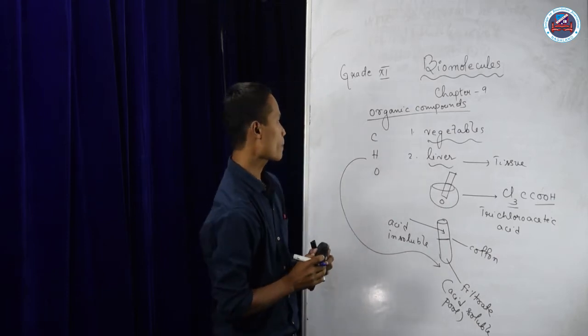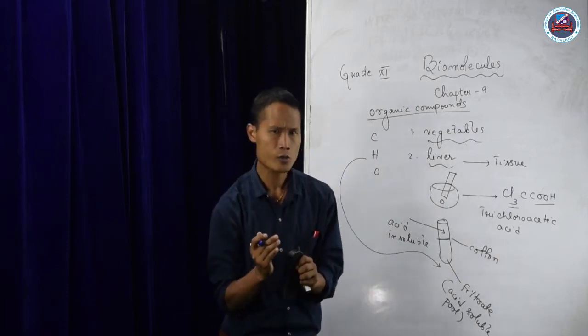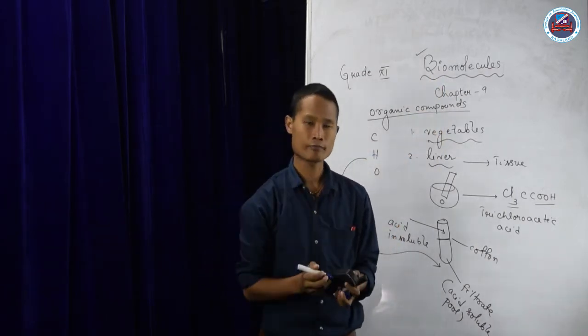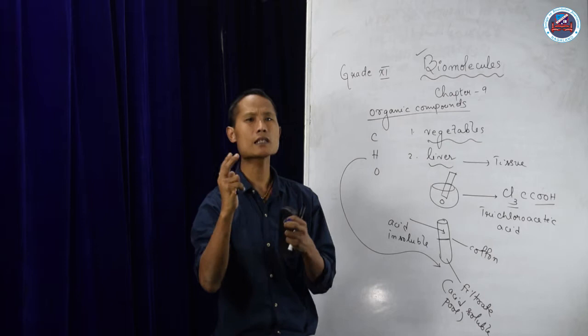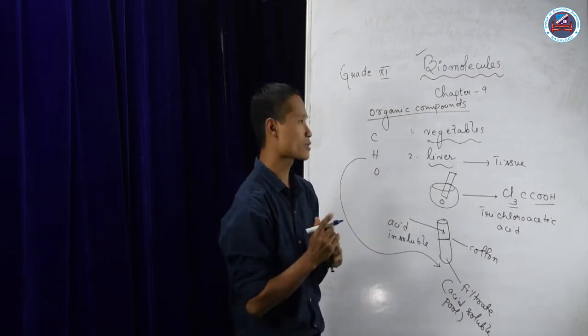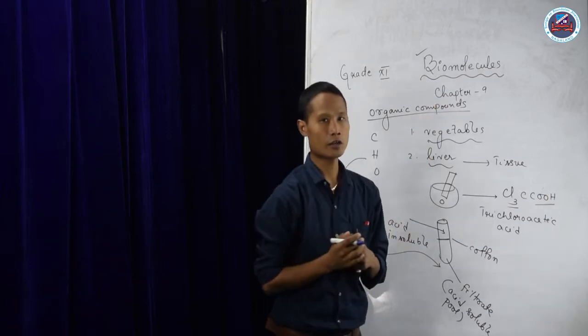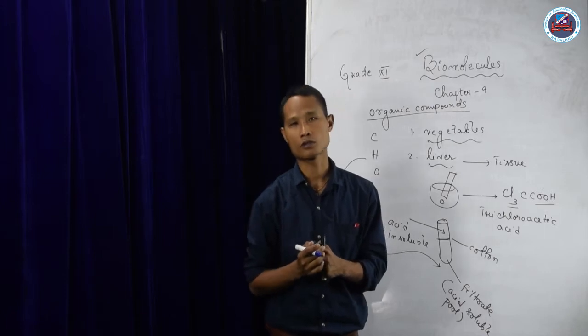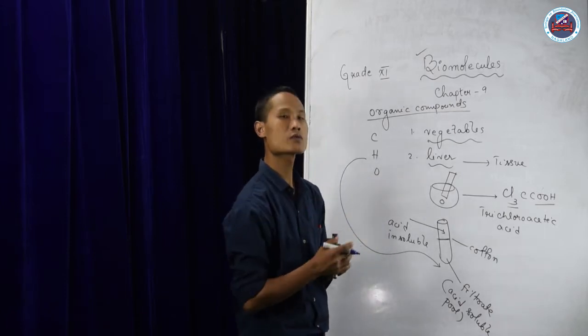So for any carbon compounds, when I say biomolecules, there was a little difference in the abundance: in living organisms we found mostly carbon compounds, and in the earth crust we found less.